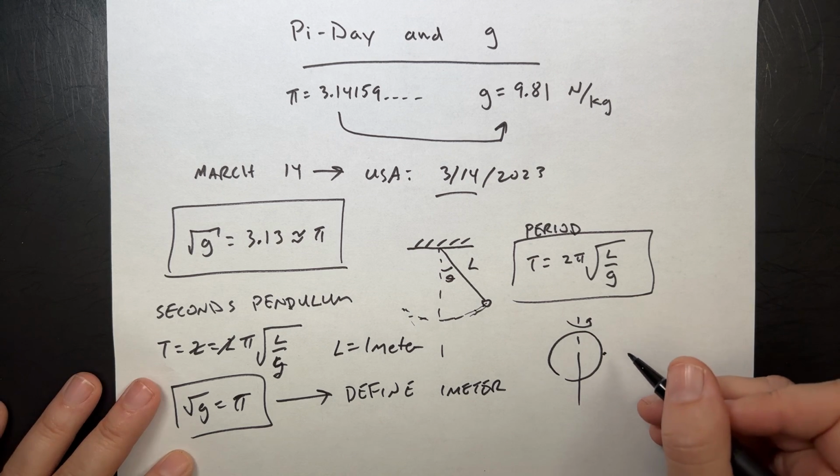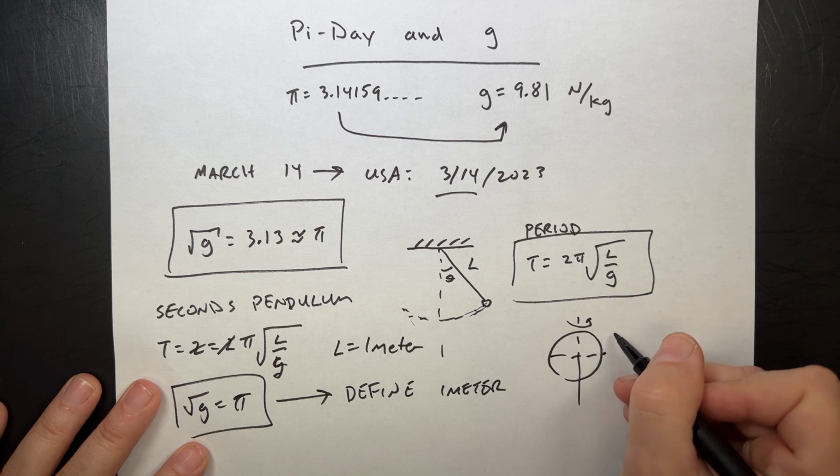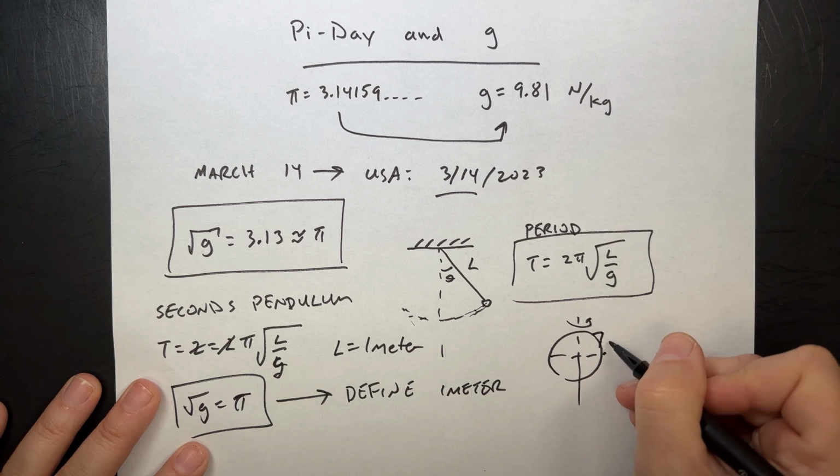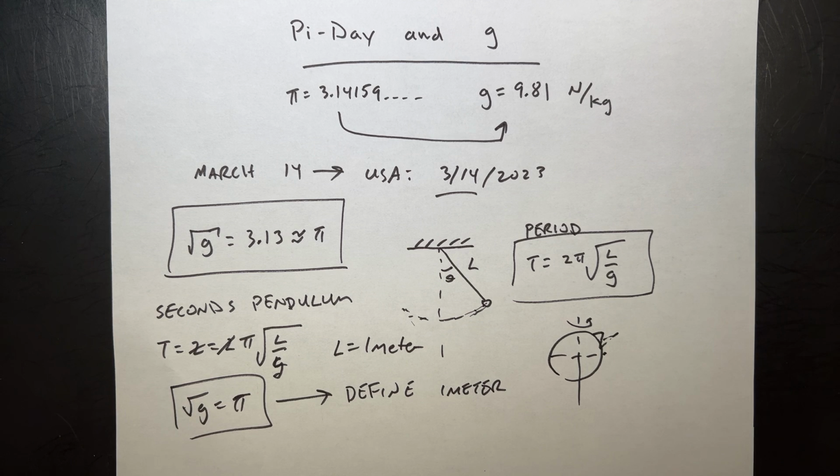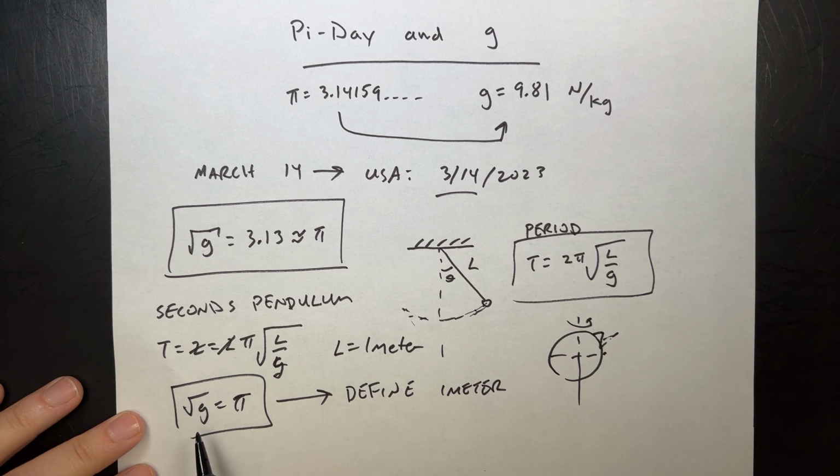I'm going to say centrifugal force. So that matters right there. Also, if there's a large mountain, and you hang a pendulum, you think it's vertical, it's actually going to be deflected and pointing a little bit towards the mountain. So there's a whole bunch of things that make this seconds pendulum not the best way to define a meter.